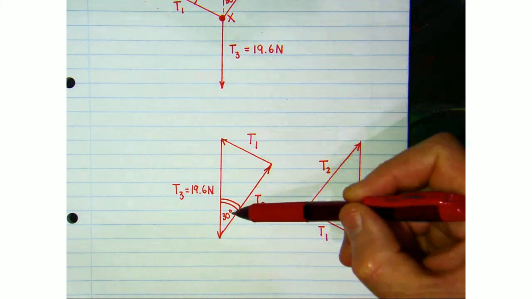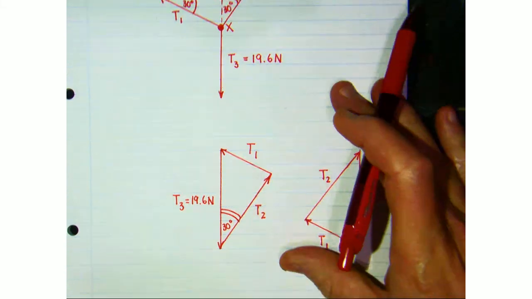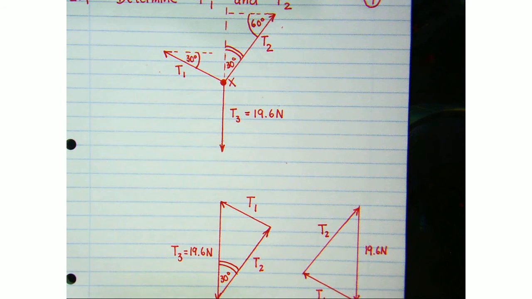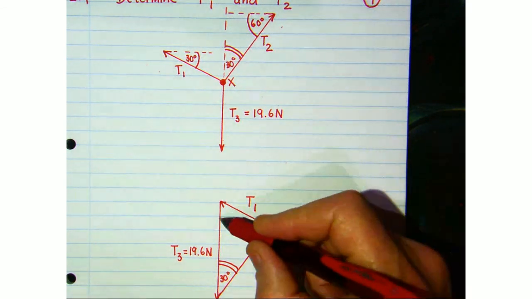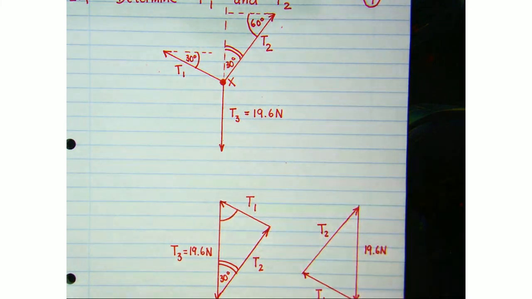We've already determined that this is 30 degrees from our original diagram. What about this angle? So this is where that vertical line is so important.